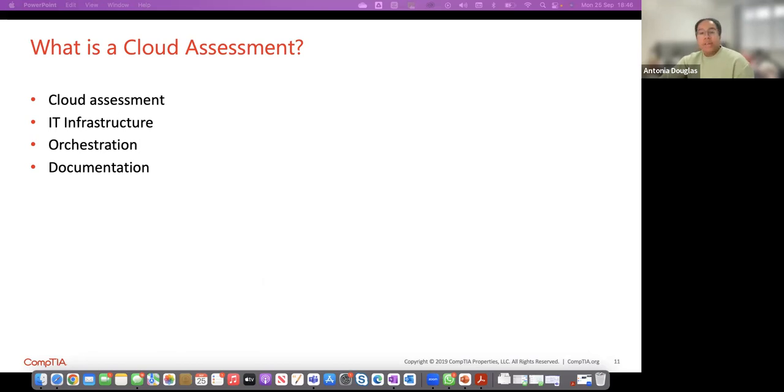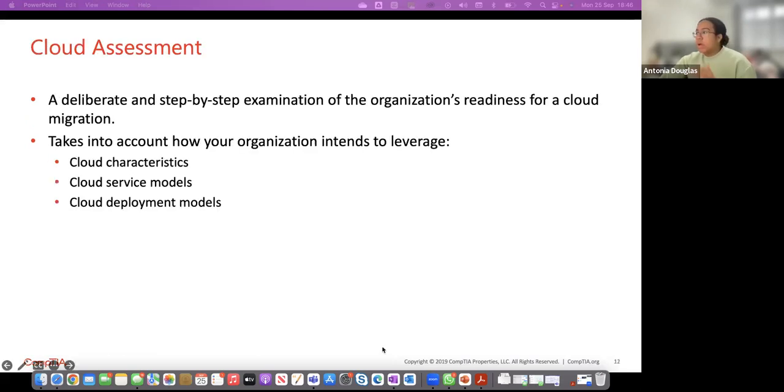I would say it's a feasibility study for your cloud deployment. Firstly, a deliberate, step-by-step examination of the organization's readiness for cloud migration. It takes into account cloud characteristics, cloud service models, and cloud deployment models, which we have just covered.